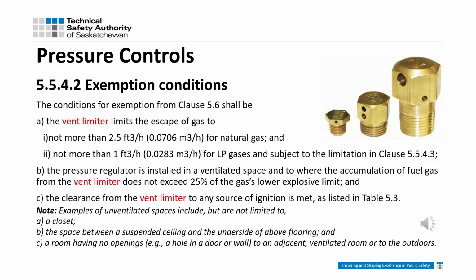Notes were added to give some examples of spaces that would not be considered as being ventilated. Examples are closets, the space between a suspended ceiling and the underside of an above floor, or a room not having openings to an adjacent ventilated room or to the outdoors.